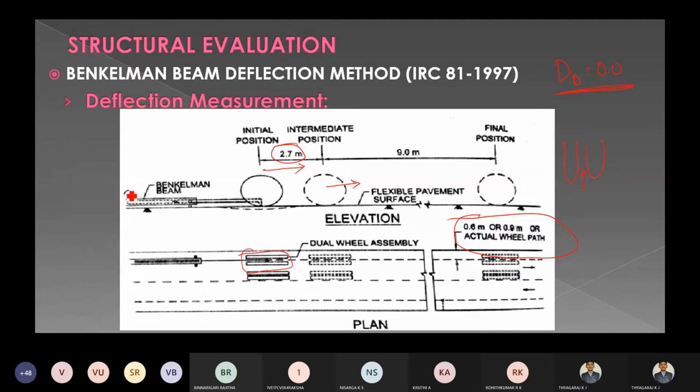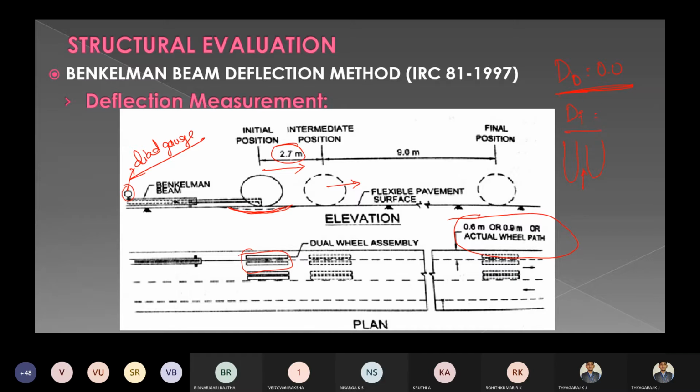Then the surface will undergo deflection. That deflection will be recorded in the dial gauge. That reading we are going to call the intermediate reading.